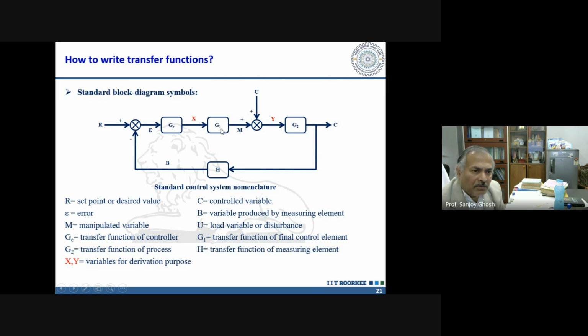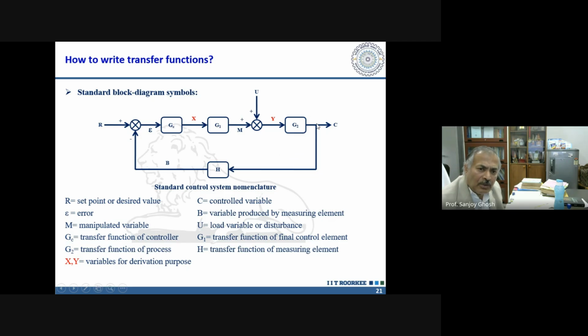G1 is the transfer function of the final control element, FCE. And G2 is the transfer function of the process. Whatever process you are doing, you can have a transfer function. It can be a biological process, a chemical process, any process. There will be some transfer function. That process can be represented by a function, and that function will be G2, right?